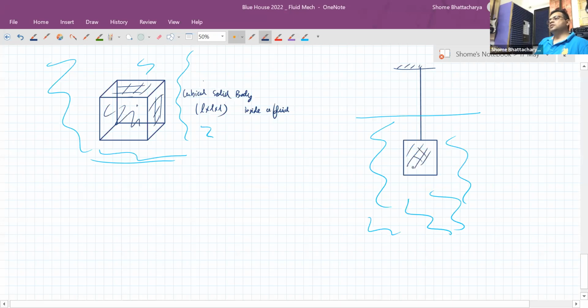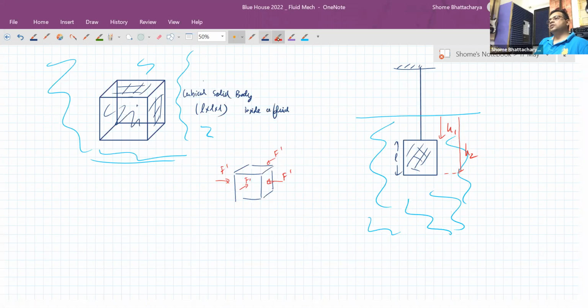Now let us say the depth of this surface is h1 and the depth of this second surface is h2 from the open surface of the liquid. So this level difference is L. When you consider the force acting on each of these surfaces because of pressure, you'll understand that the forces on the side walls cancel each other.